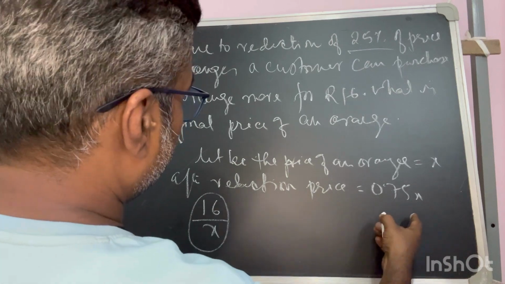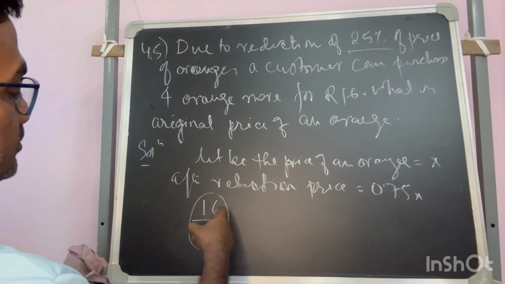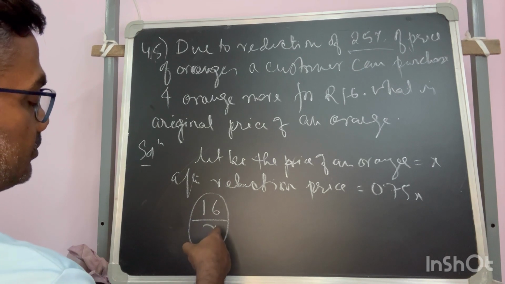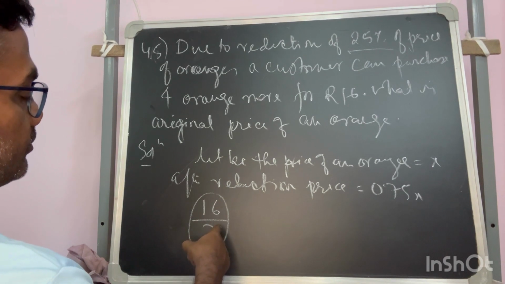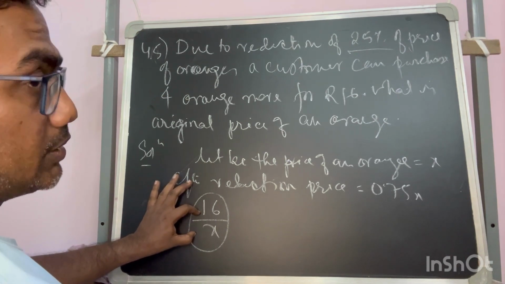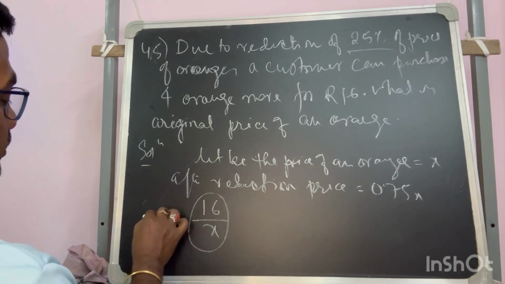So the number of oranges is calculated by this. This is the number of oranges earlier he used to get, which will be a lesser quantity than now, because the price has reduced.